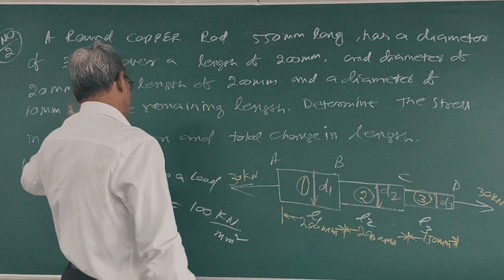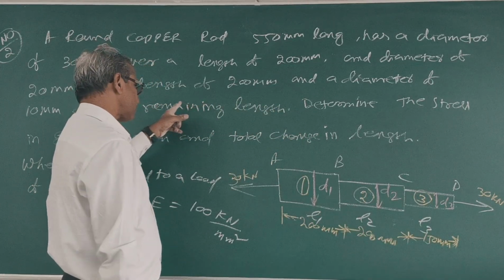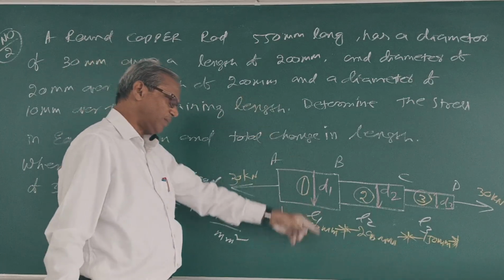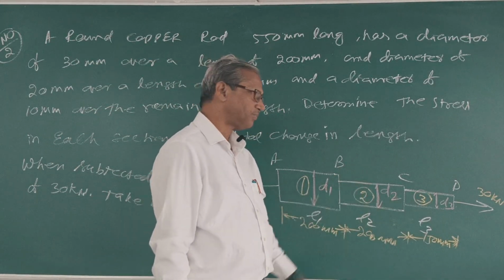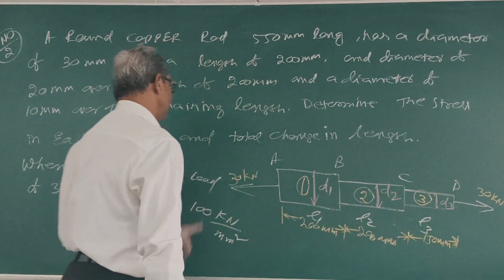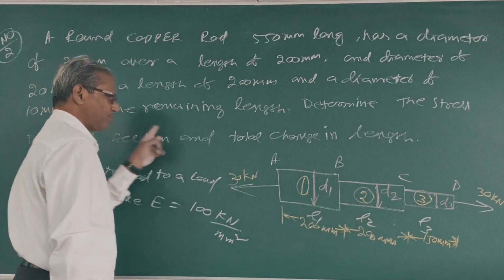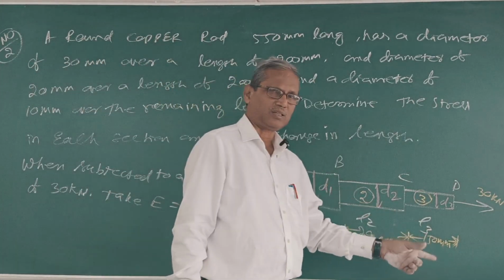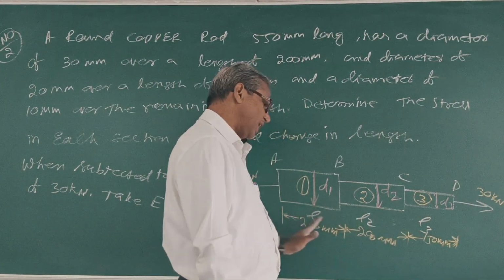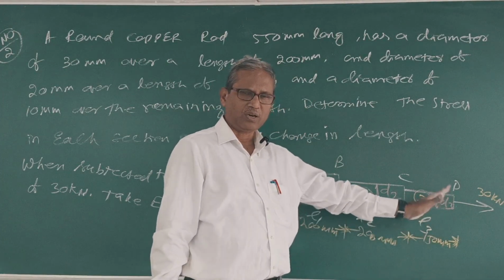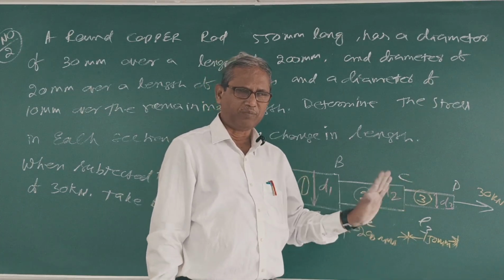And diameter of 20 mm for a length of 200 mm. Again, this is 200 mm, diameter 20 mm. And diameter of 10 mm over the rest of the length. This is 10 mm. Total length is 150 mm. 200, 200, 150. Total length 550 mm. Clear?